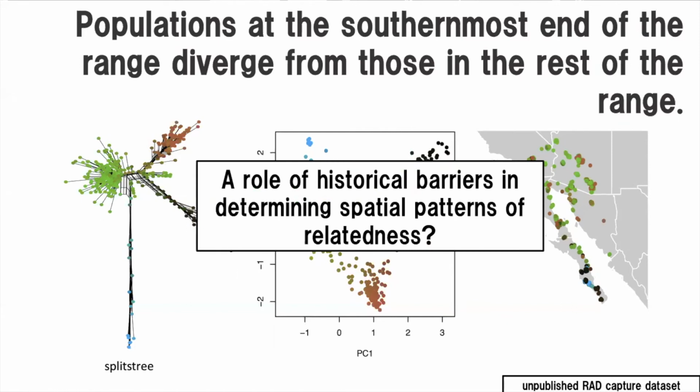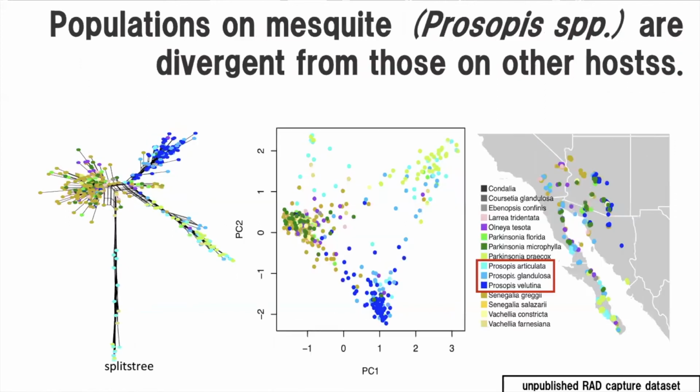So is this indicative of a role of those historical barriers that that previous chloroplast haplotype network study indicated? And then looking at host species across the range, this study looks at far more than just the velvet mesquite and cat claw acacia.